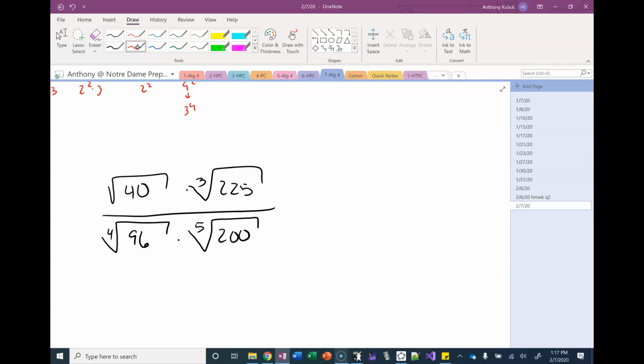A lot of stuff going on here. I'm just going to write in the prime factorizations. Is that okay with everyone? Rather than drawing the trees at all. So we have 2 to the 3rd times 5. We have 3 squared times 5 squared.